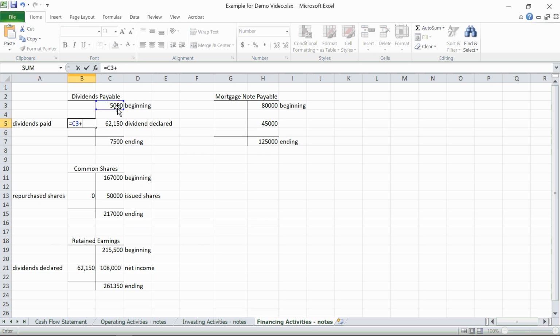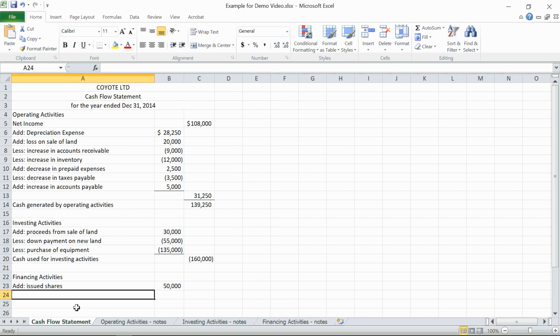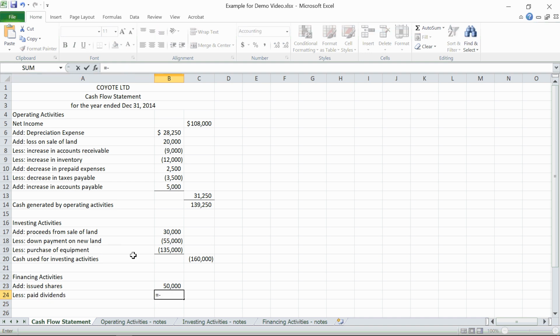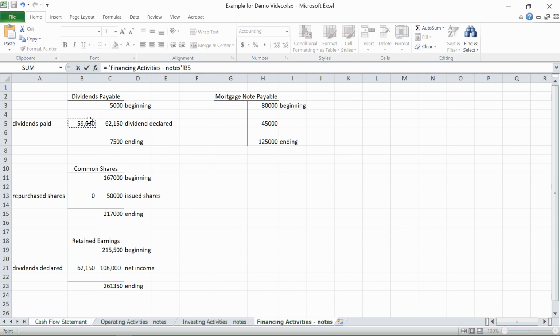So I will make this account balance by figuring out how much debit we would need to get the ending balance to 7,500. So there's our number. Dividends paid would be a cash outflow, so I'm going to subtract it from my cash flow statement. I'll make that a negative because it is an outflow.